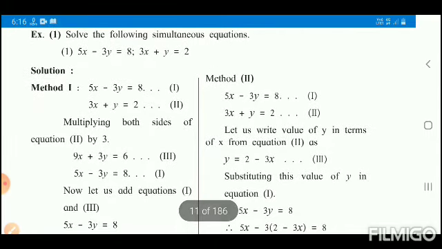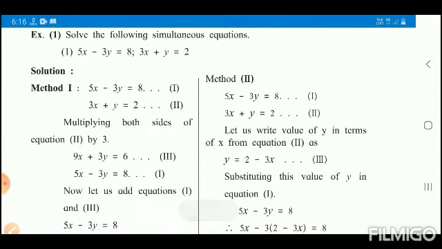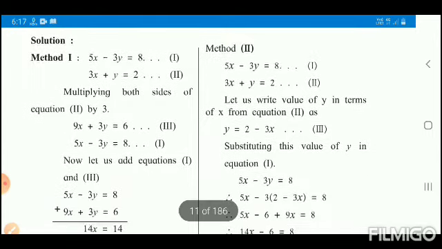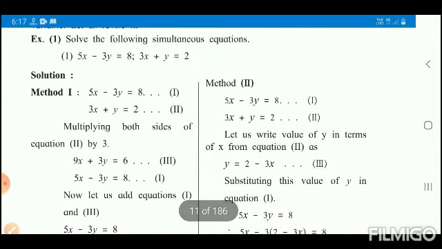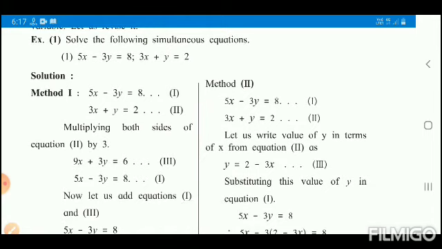So for that we have to make the coefficients of the variables equal. Then you can make the coefficient of variable x equal, otherwise y equal. Whatever you want to do, you can do it. It depends upon your convenience.